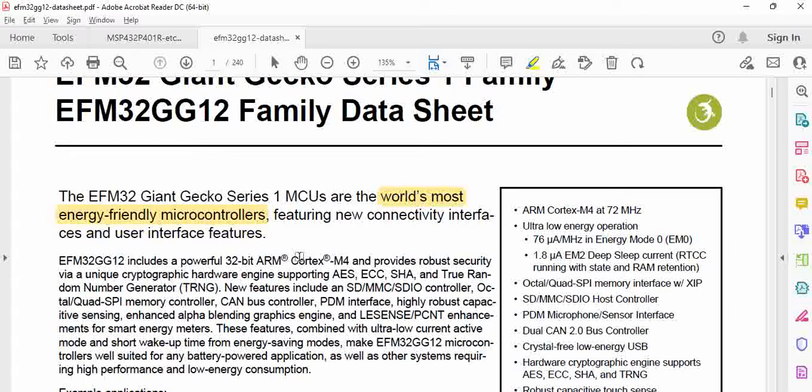On the left, in energy mode 0, the full active state, the consumption is 76 microamps per megahertz. This is very, very low.